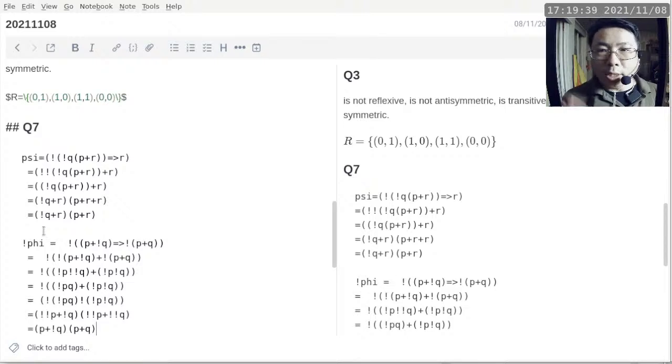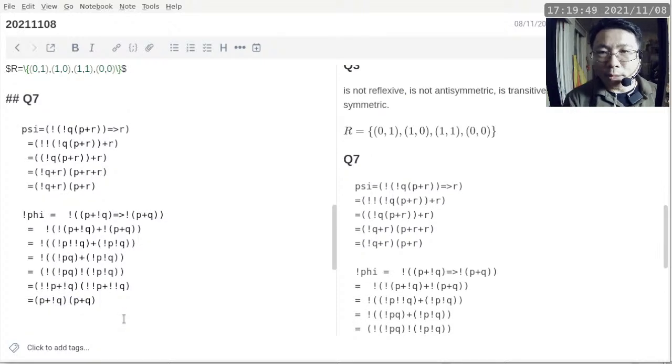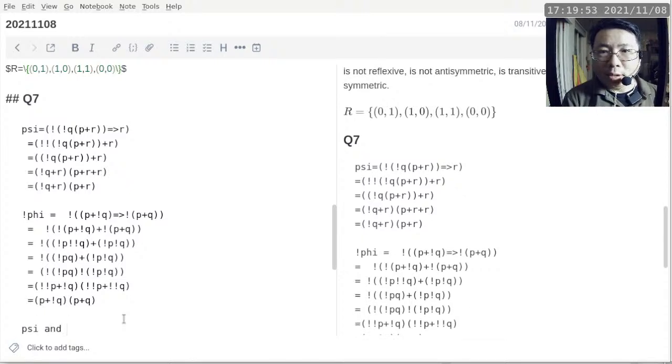Alright, so now we have one CNF from psi itself, and one CNF from the negation of phi. It's time to make what I call the super CNF. So psi and not phi is just the concatenation of the respective CNFs. So we just copy and paste it.